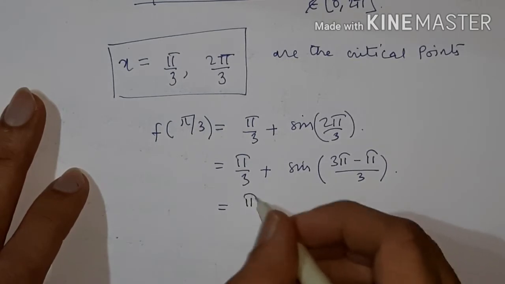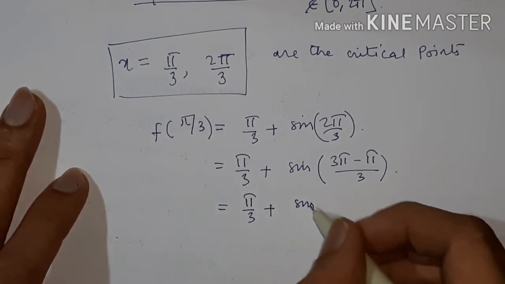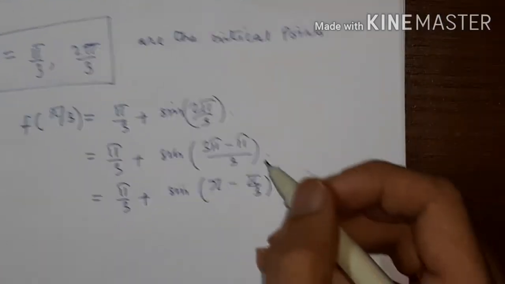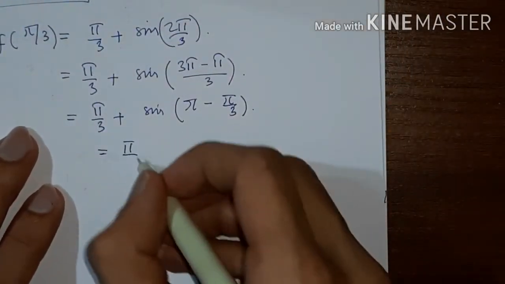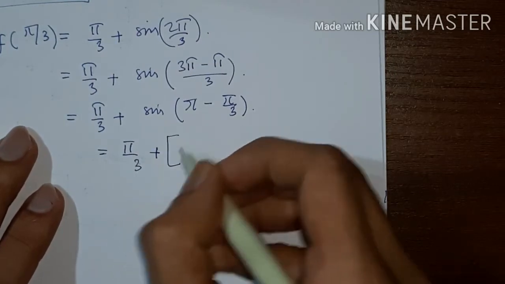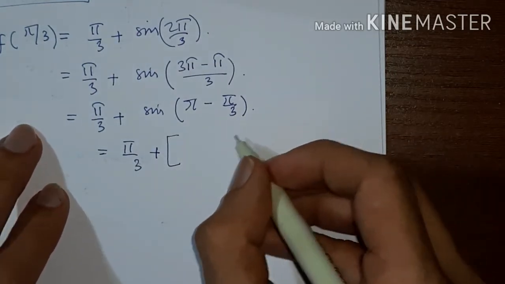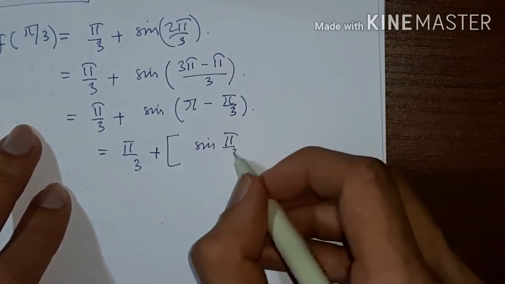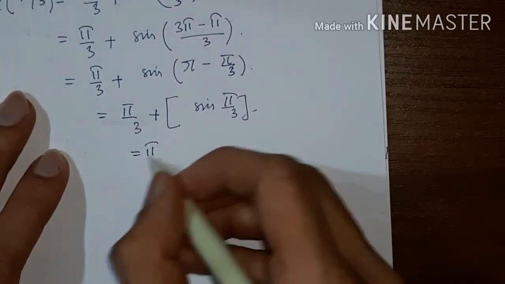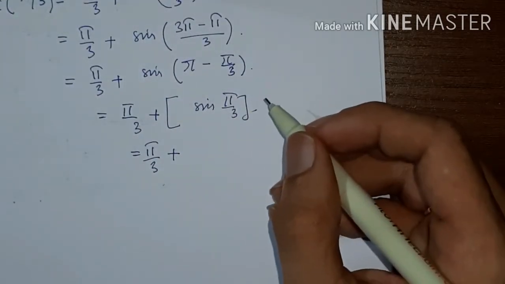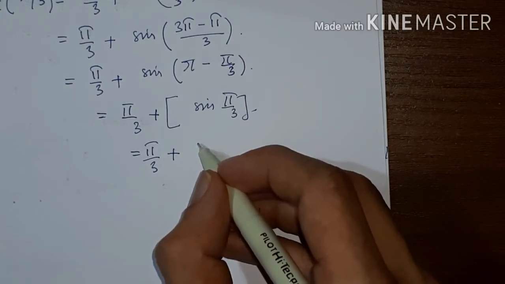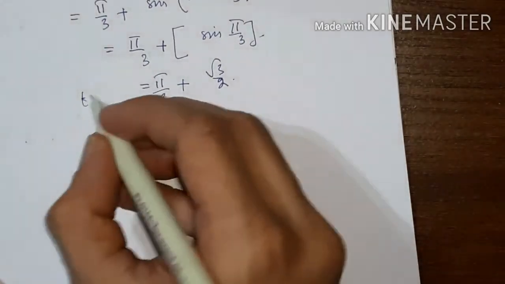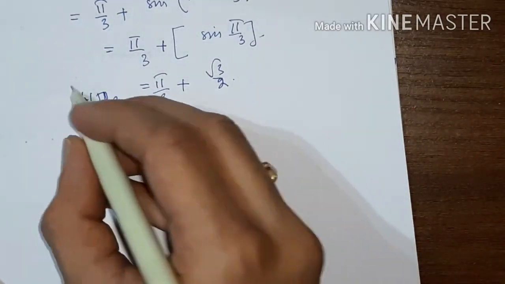Pi minus pi by 3 is in the second quadrant. In the second quadrant sine is positive, so plus sine of this theta, that is pi by 3 plus sine pi by 3, which is root 3 by 2. So f of pi by 3 is root 3 by 2.